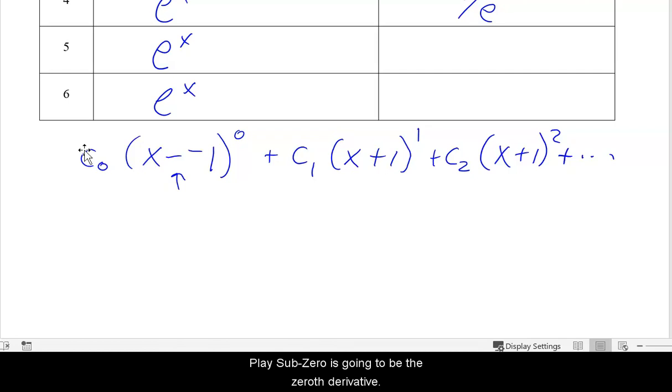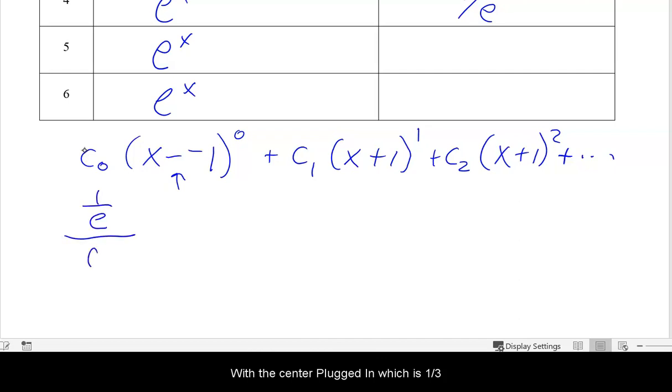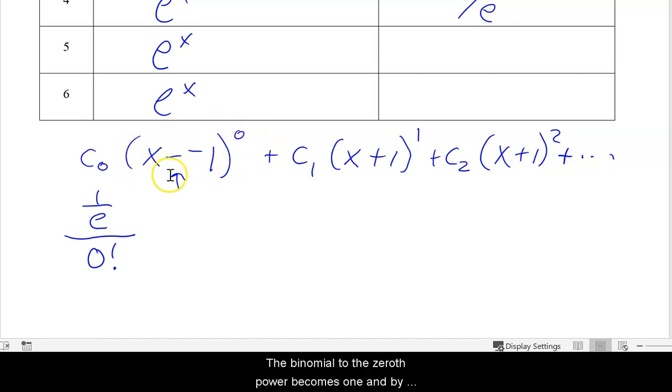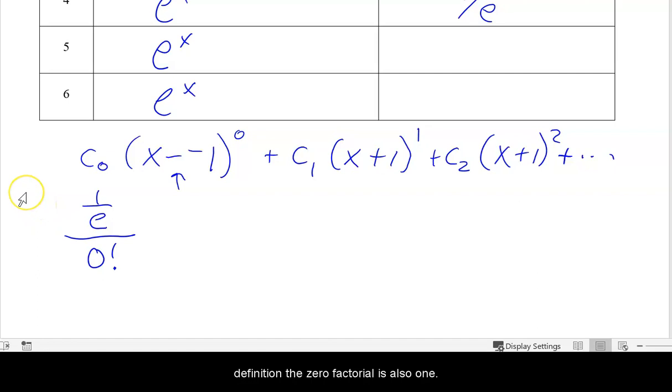c sub 0 is going to be the 0th derivative with the center plugged in, which is 1 over e, over 0 factorial times x minus a -1 to the 0th power. The binomial to the 0th power becomes 1, and by definition, 0 factorial is also 1.